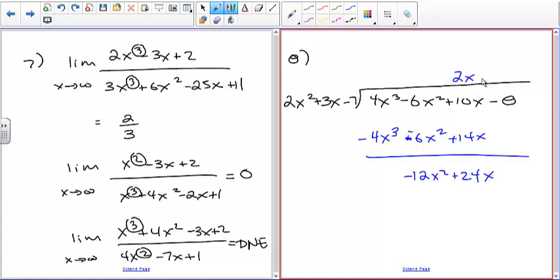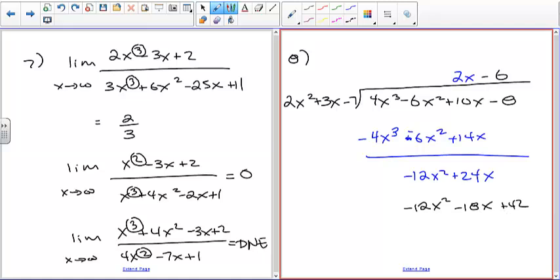Okay, so what do I need to multiply 2x squared by to get negative 12x squared? So the answer is negative 6. So you have negative 6 times 2, it's negative 12x squared, and then you have negative 6 times 3, which is negative 18x. And then you have negative 6 times negative 7, which is plus 42.